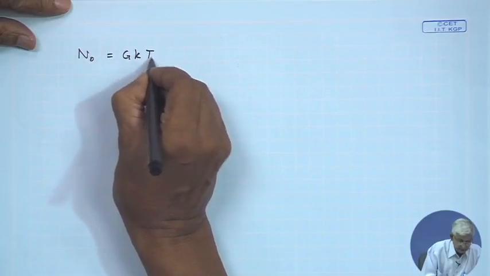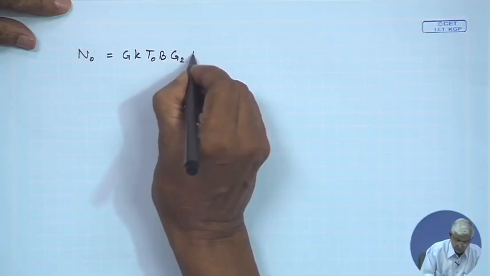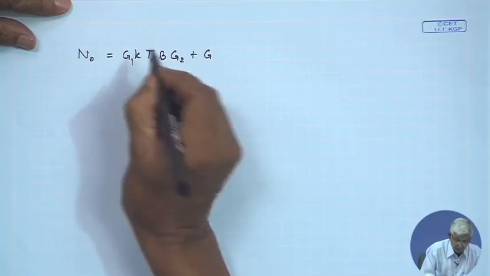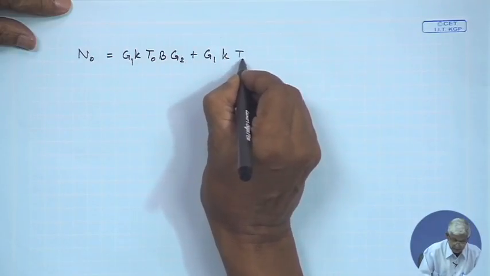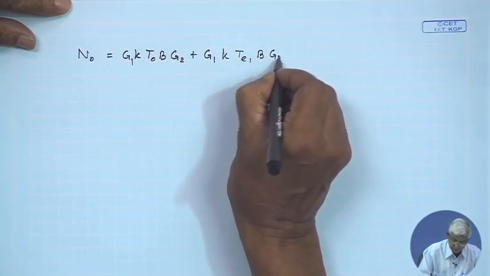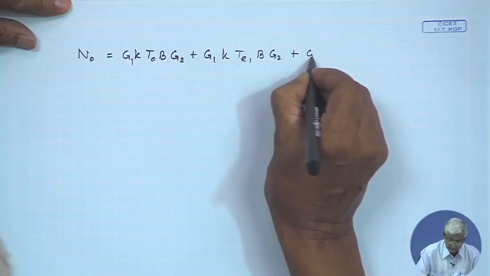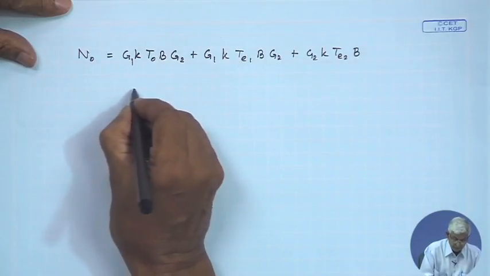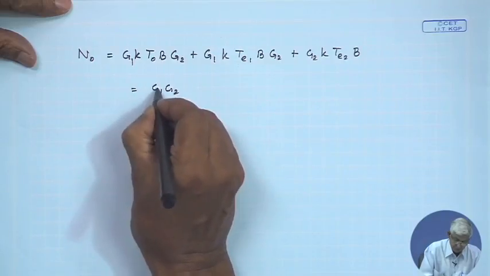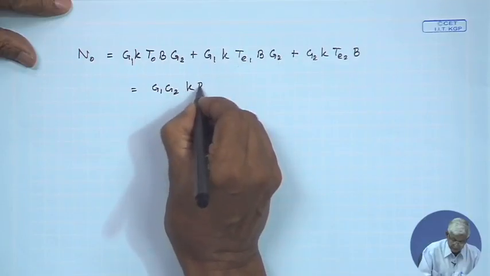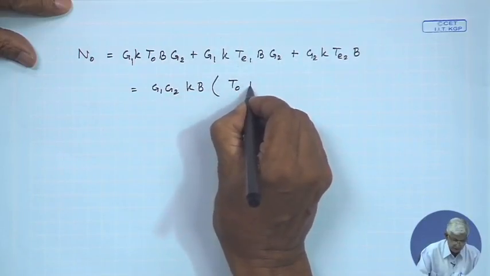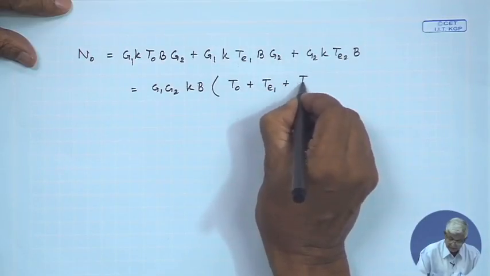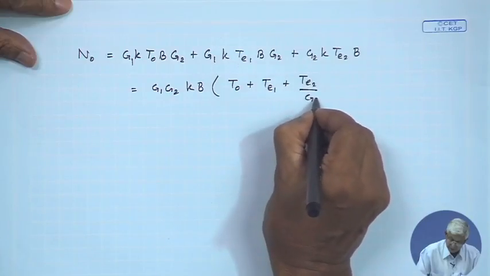Now, if we expand these two, N0 is G1 K T0 B G2 plus G1 K TE1 B G2, that is from the first stage, and then G2 K TE2 B. If we take G1 and G2 as common, and of course K and B are there, then in temperature it will be T0 plus TE1 plus TE2, and here G1 is not there, so divided by G1.